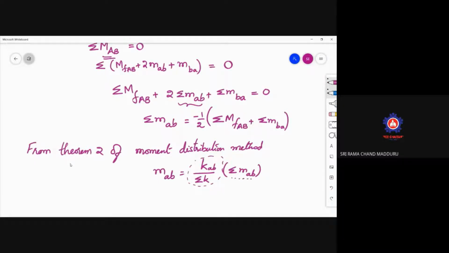So MAB is equal to KAB by sigma K. Now in this one, I know MAB, and I want the individual rotational moment. MAB is KAB by sigma K into, in the above equation, you already know the value of sigma MAB. Substitute in this equation: minus half of sigma MFAB plus sigma MBA.